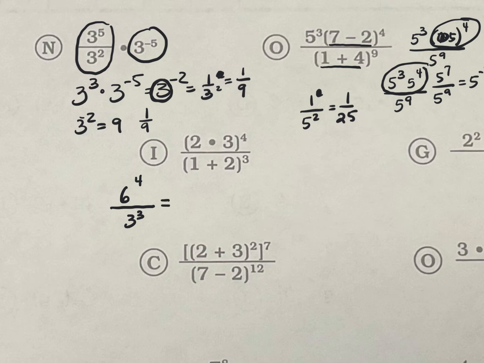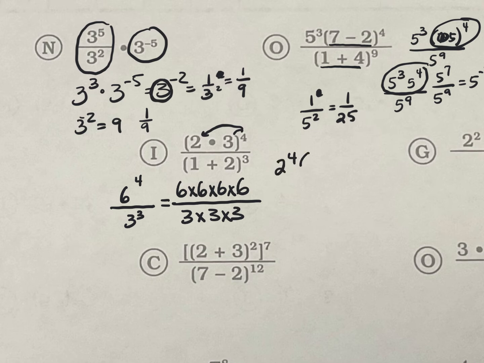So I would just do what is 6 times 6 times 6 times 6 divided by 3 times 3 times 3, and you can just find the answer that way. Technically, you could have also distributed the power. So this could have been 2 to the 4th times 3 to the 4th divided by 3 to the 3rd.